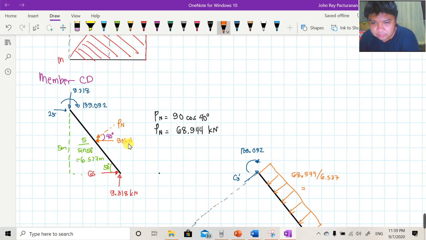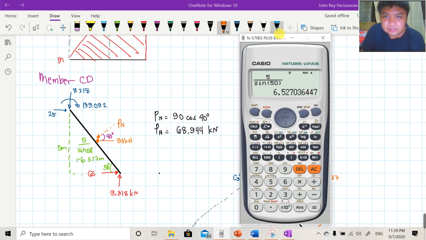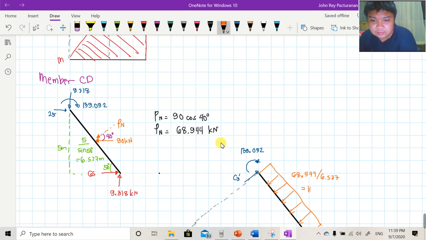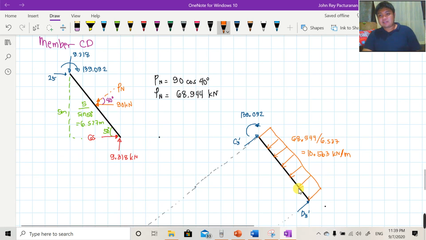Okay, so therefore, ang kalalabasan nga is 68.944 divided by 6.527 class. So, 10.563 kilonewton per meter. Okay, so ang next na consideration natin, kailangan nyo na class mahanap yung mga reactions dito.